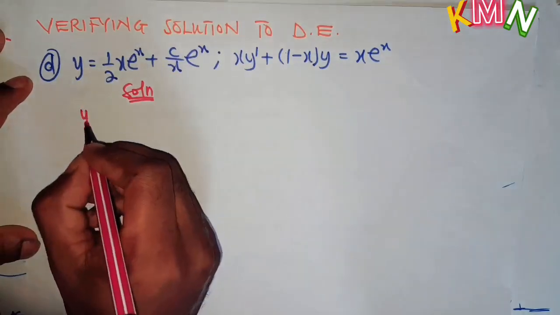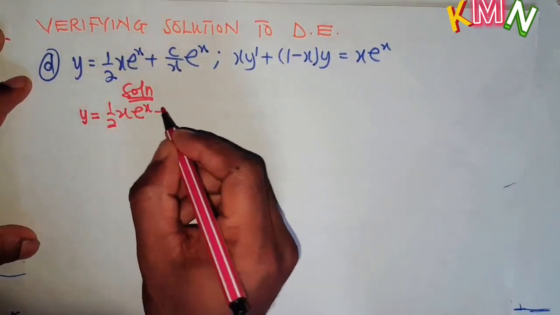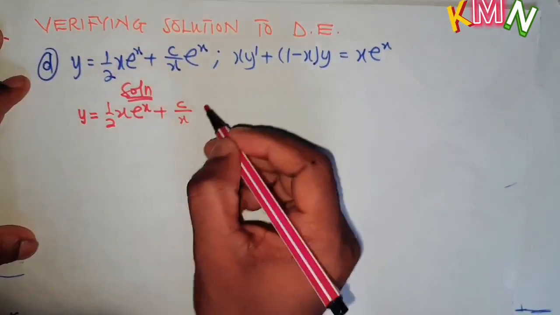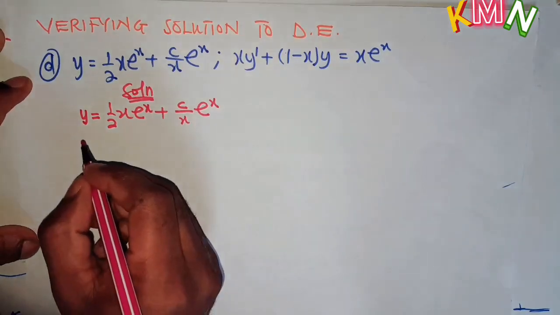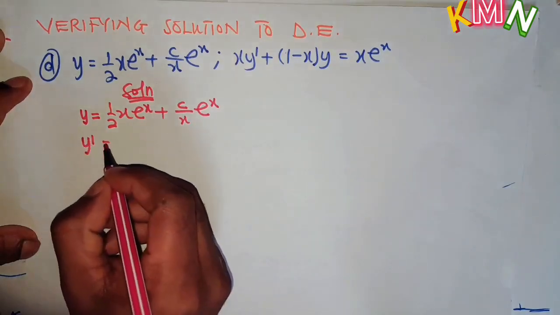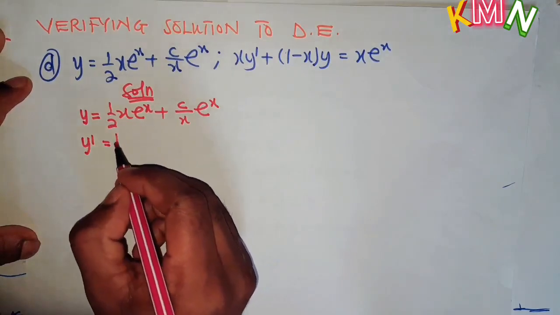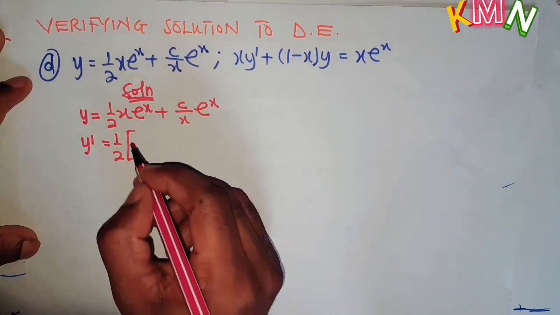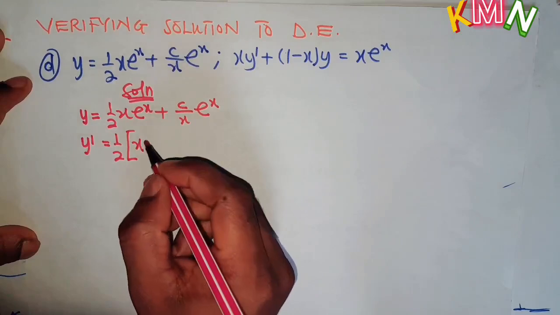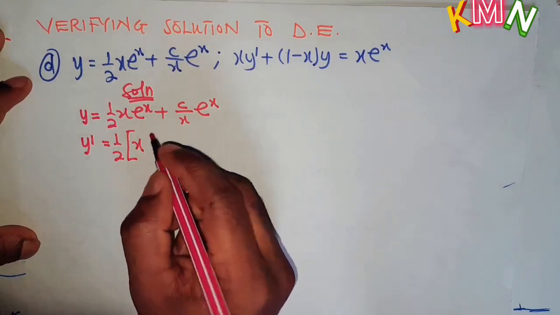So we're given y equals half x e power x plus c on x e power x. So let's find our first derivative, and our first derivative will be, this is acting as a product, so let's take the constant out. Then over here, let's maintain the first function, then differentiate the second function. You know, whenever we differentiate e power x, we get the same thing.